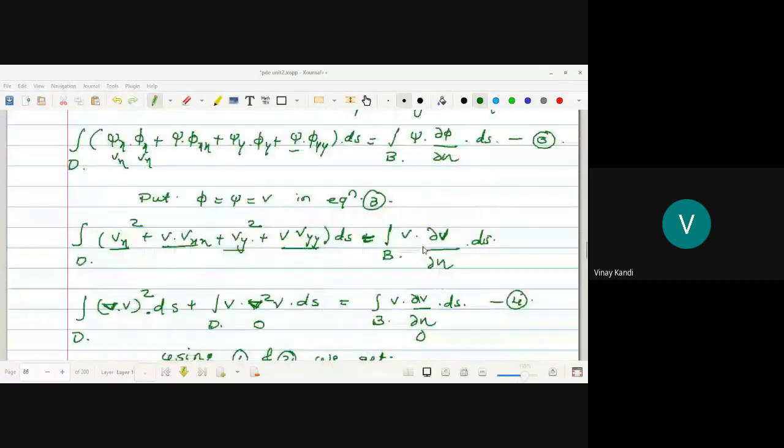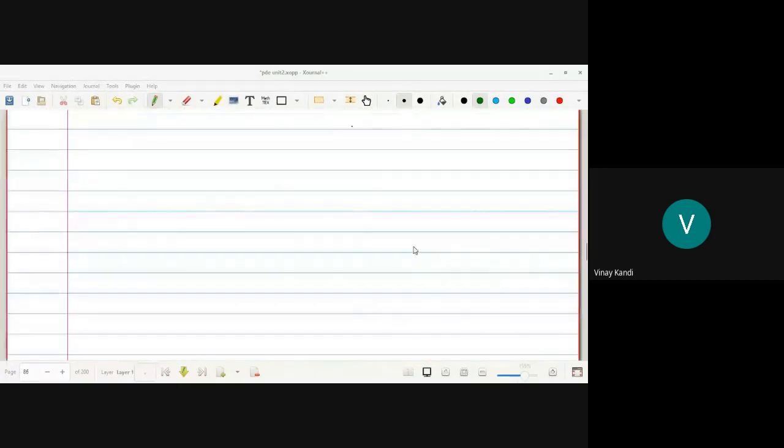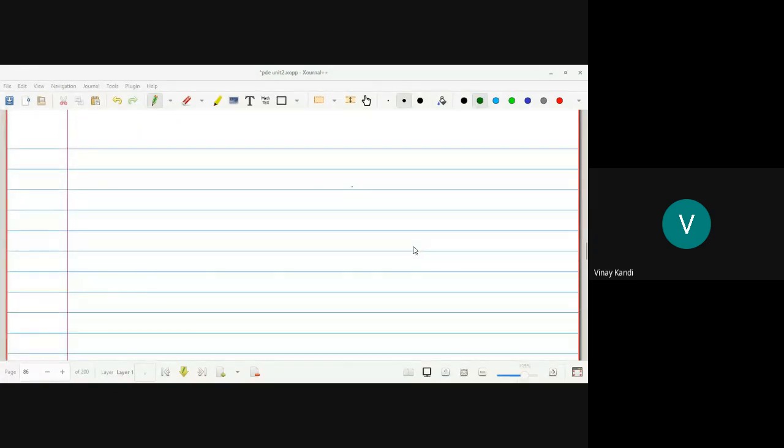Okay, so note the next one: the solution of the Laplace equation in terms of polar coordinates.